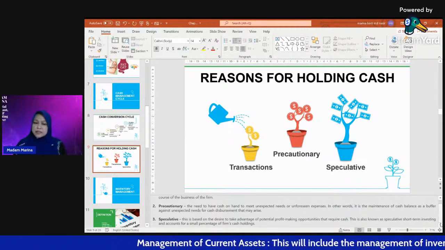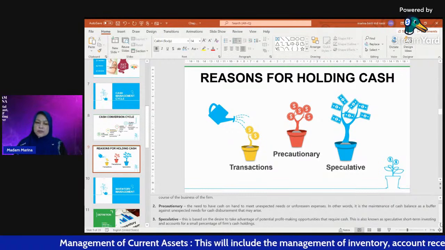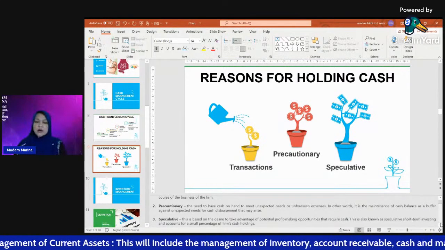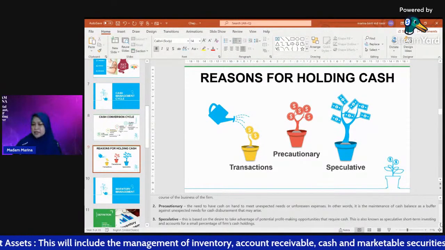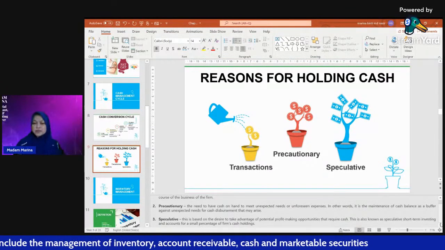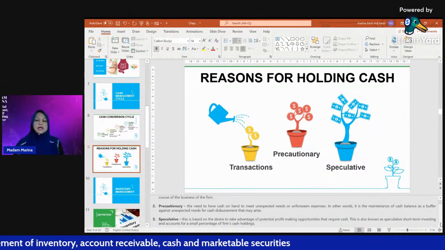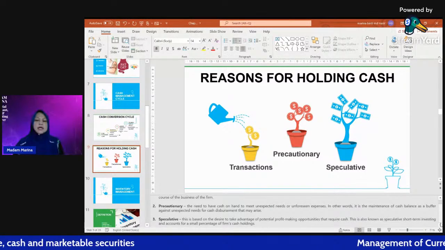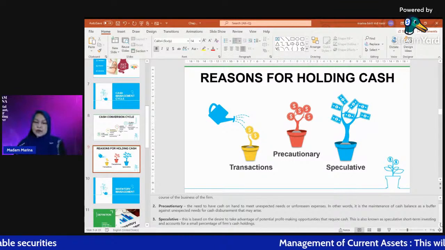Speculative. What is speculative? This is based on the desire to take advantage of potential profit-making opportunities that require cash. This is known as speculative short-term investing and accounts for a small percentage of the firm's cash holding.